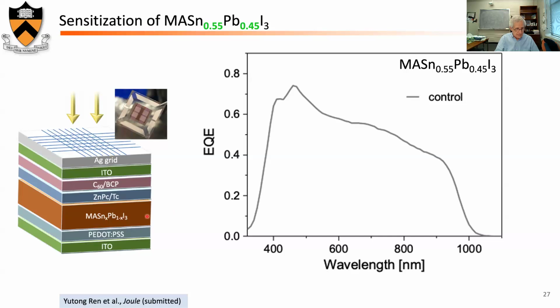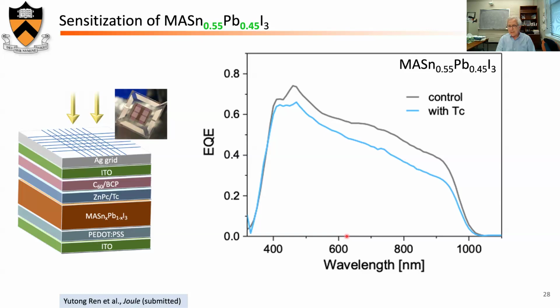So here, again, is a representation of the device. Here is the EQE of the control device without any tetrazine zinc PC. Here it is with tetrazine only. And as you can see, the EQE decreases. Why?